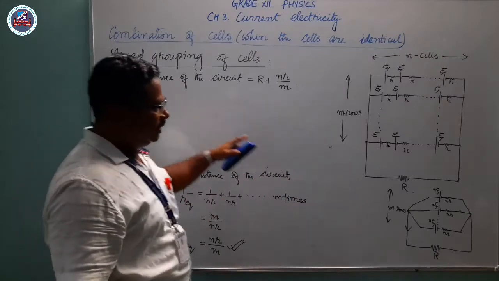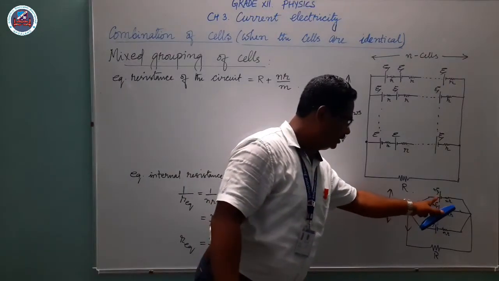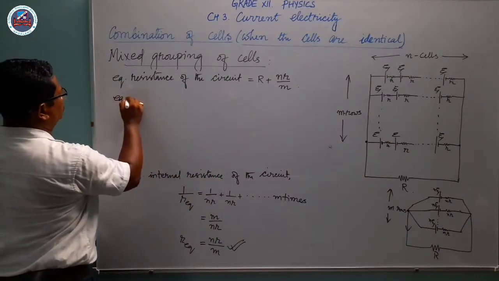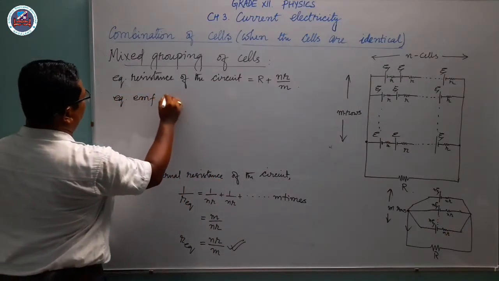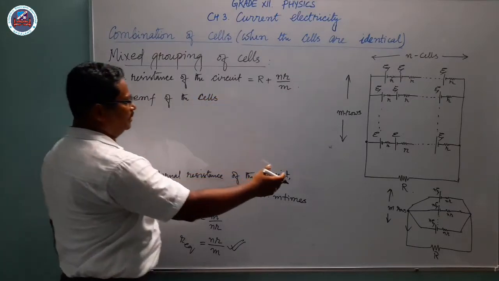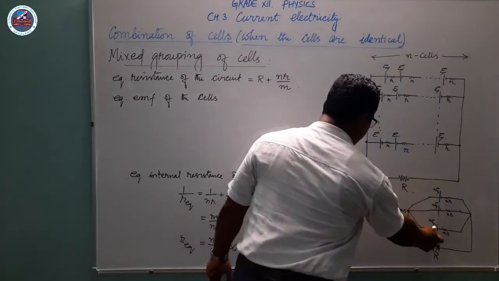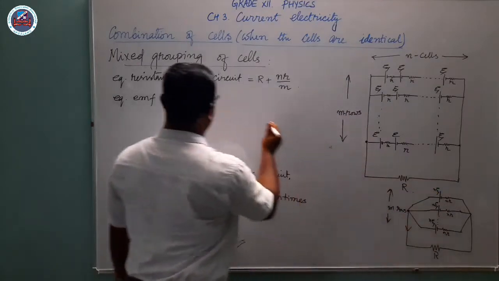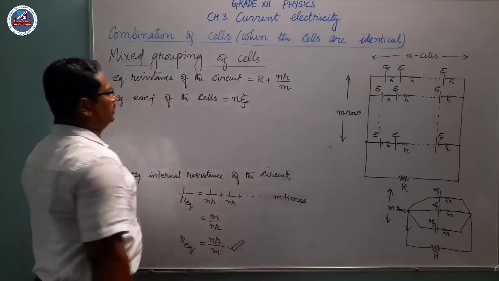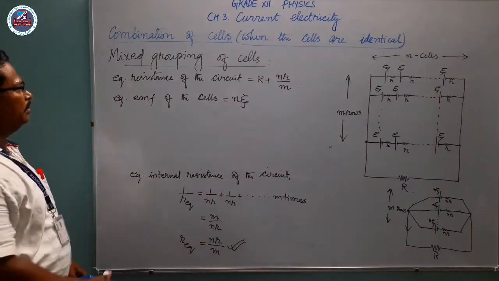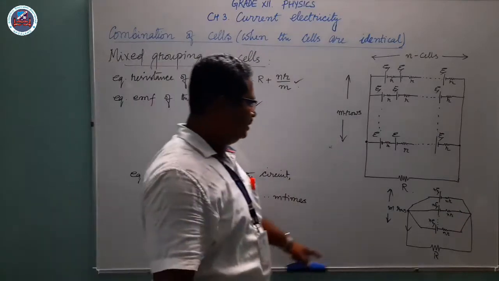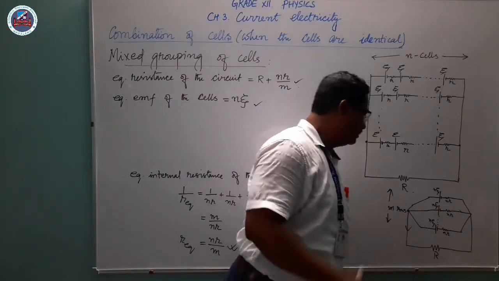Now let us find out the equivalent EMF of the cells. Now they are connected in parallel. In parallel it will remain the same. What we found out earlier, n times epsilon, will remain like this. So now by using these two, you can calculate the amount of current that can be drawn from the cells.